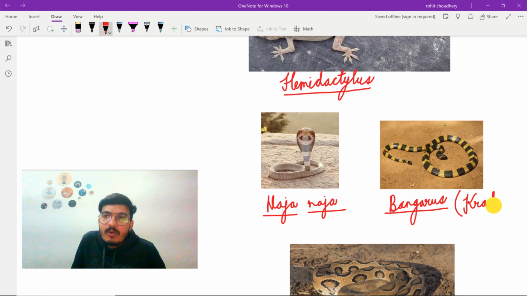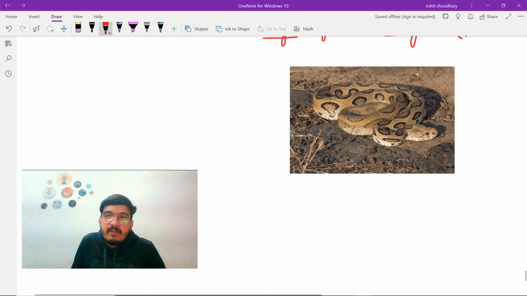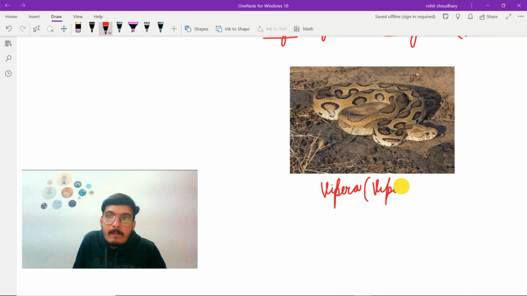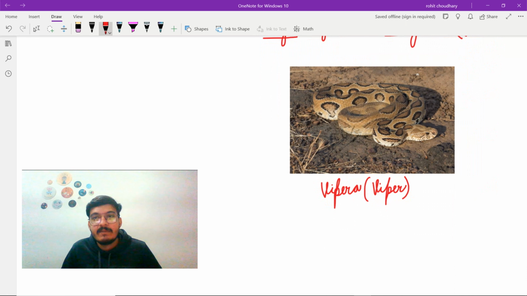It is also a poisonous snake and its venom is also neurotoxic. The last one is Vipera, commonly known as viper snake, and it is also poisonous. Its head is differentiated from the body. It is viviparous, and the venom of this snake is cardiotoxic or hemotoxic.